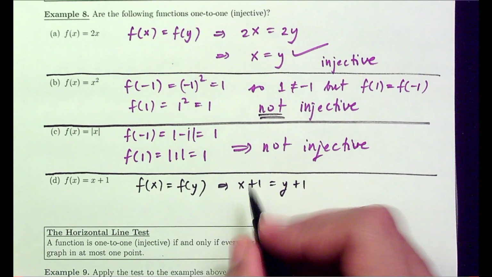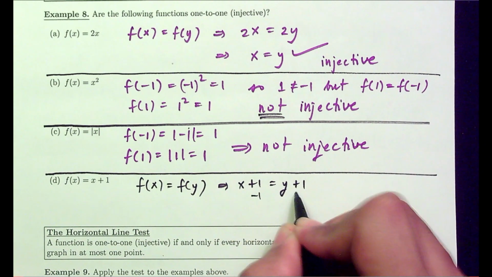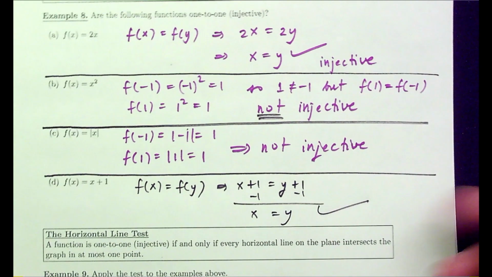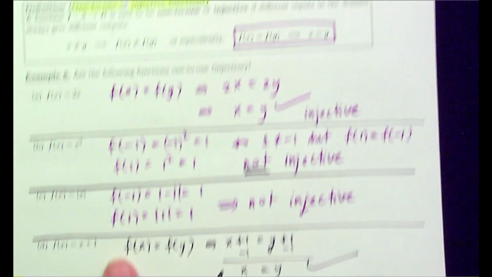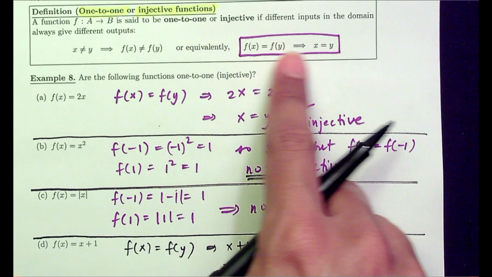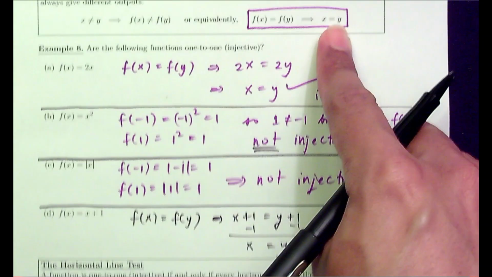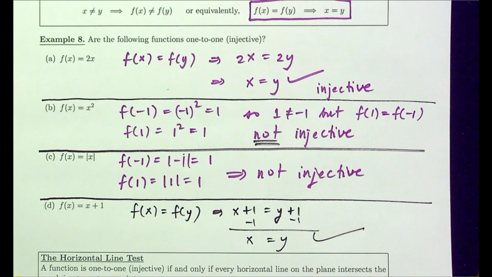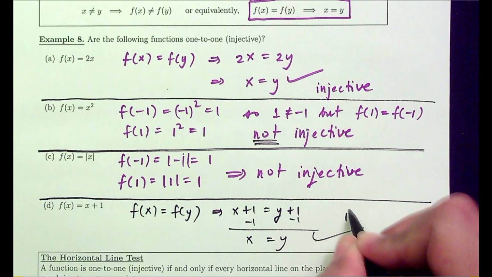Then you can subtract 1 from both sides, and you end up with x equals y. So indeed, if you start with f of x equals f of y and simplify as much as possible, you do end up with x equals y. It is true, so that means this is injective.